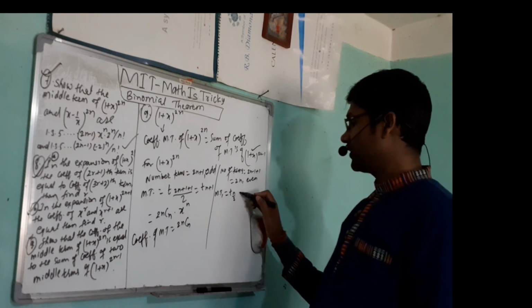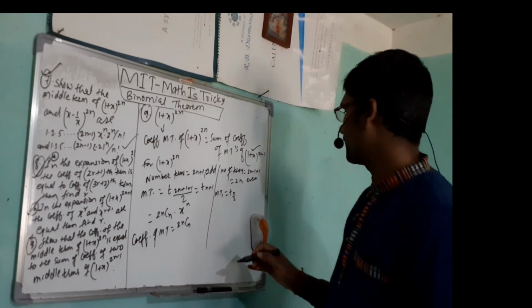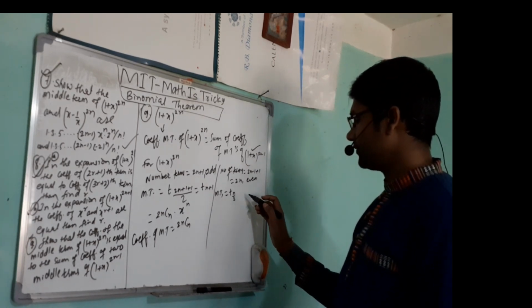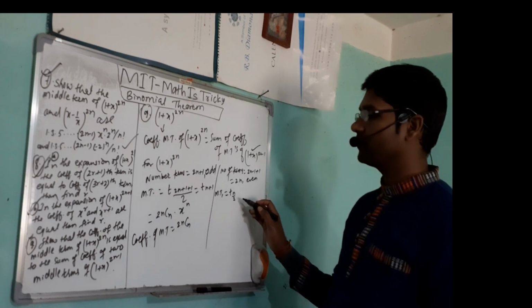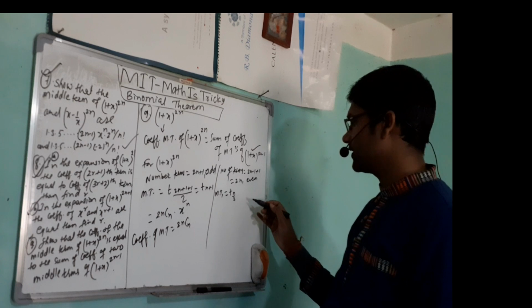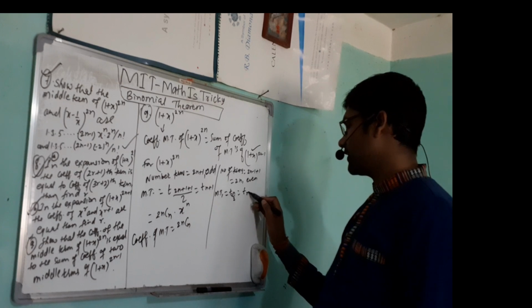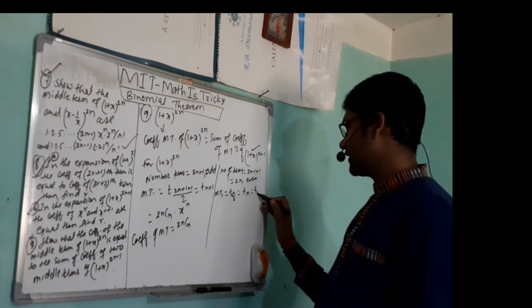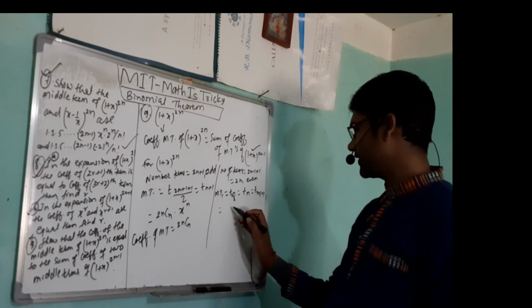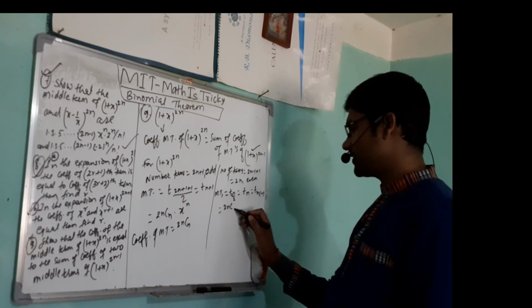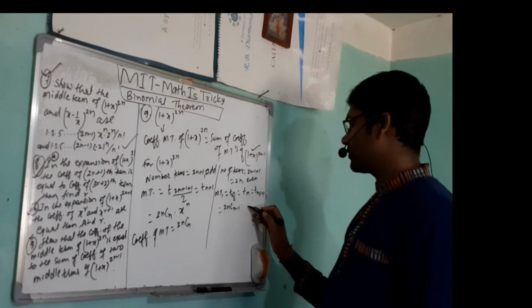Since the number of terms is 2n, half of it is n, so the first middle term is T n, that is T (n-1)+1. So the middle term will be (2n-1) C r with r = n - 1, and then x^(n-1).